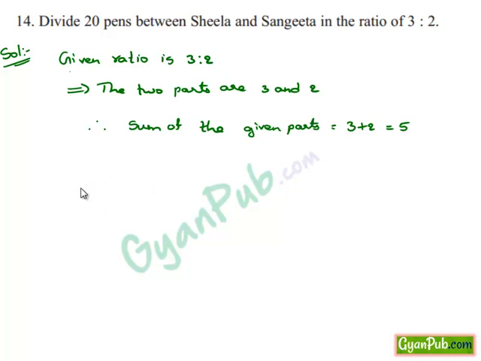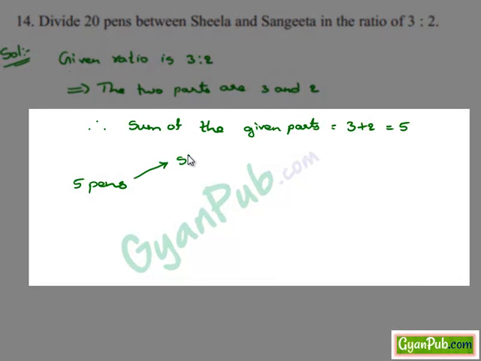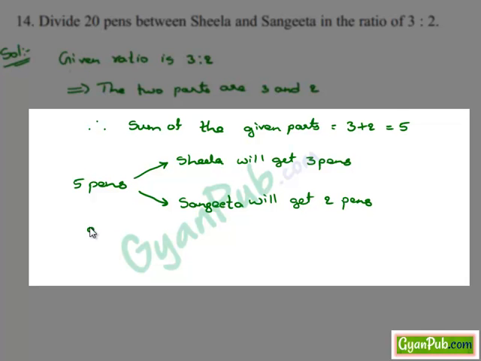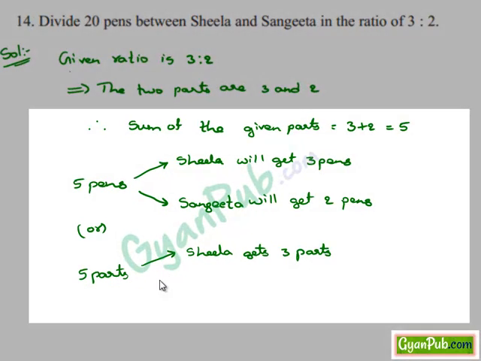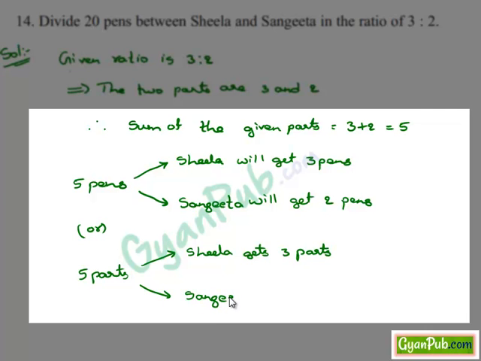This means if there are 5 pence, Sheela will get 3 pence and Sangeeta will get 2 pence. Or we can say that out of every 5 parts, Sheela gets 3 parts and Sangeeta gets 2 parts.